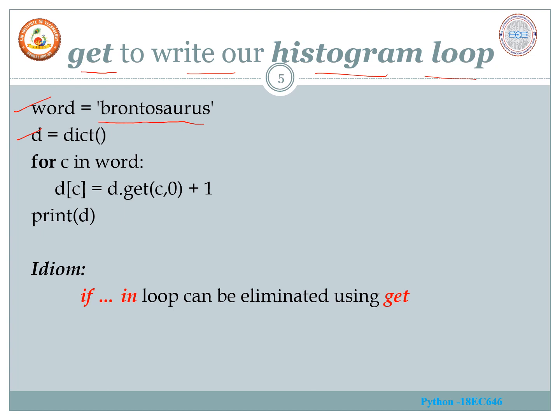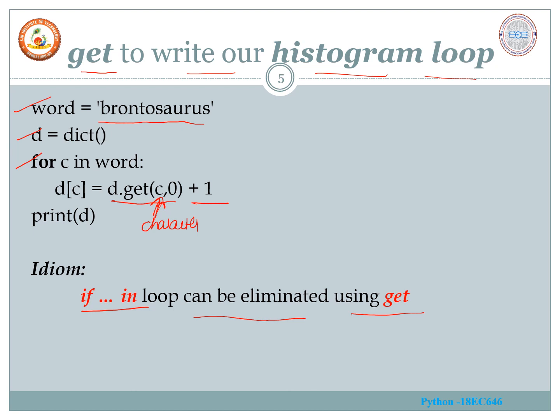You initialize a dictionary. For c in word, you check each character and get the value corresponding to that particular character, and finally it is incremented by 1. So here the if idiom in the loop can be eliminated completely by using the get method.